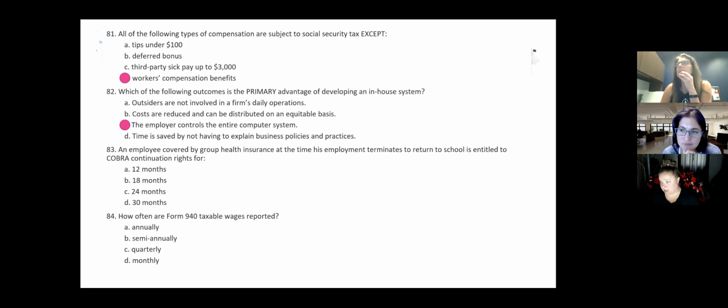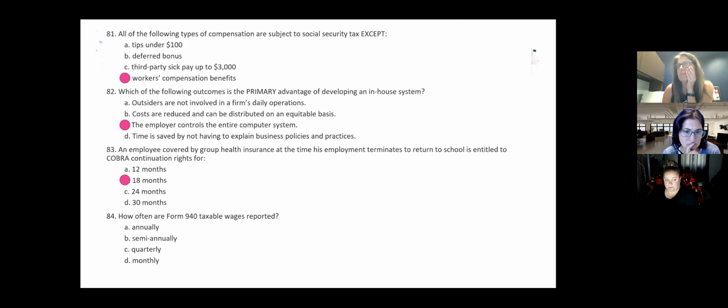And if they created it in-house, they're completely in control. An employee covered by group health insurance at the time his employment terminates to return to school is entitled to COBRA continuation rights for how many months? You guys rock. 18 months.